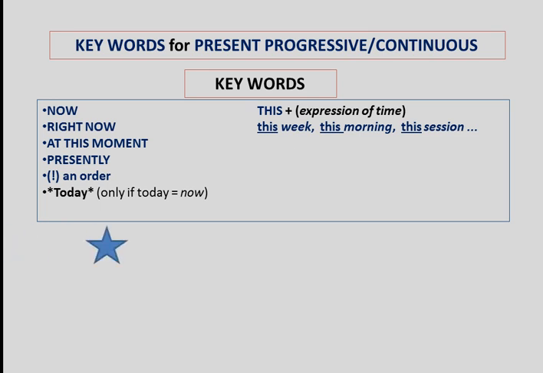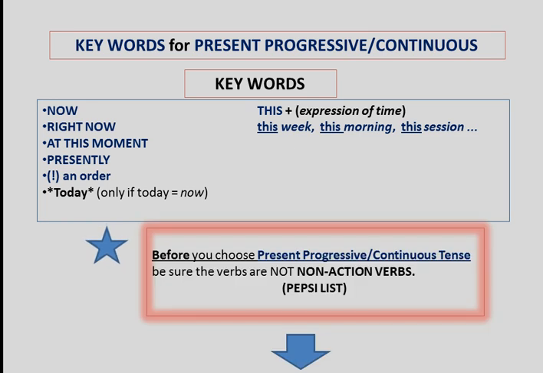But I want you to know that in the present progressive we have a small problem, and that is that we have some words that are referred to as non-action verbs, okay? And you have to make sure before you use to be plus verb plus ing that the words that you're looking at are not non-action verbs, not from the Pepsi list.